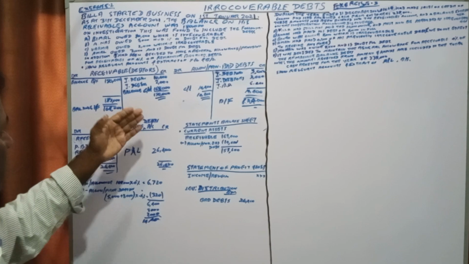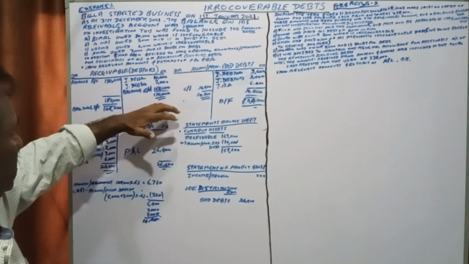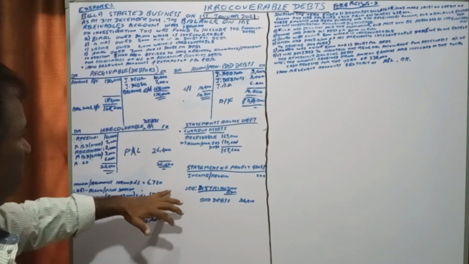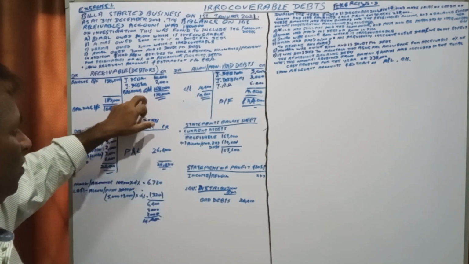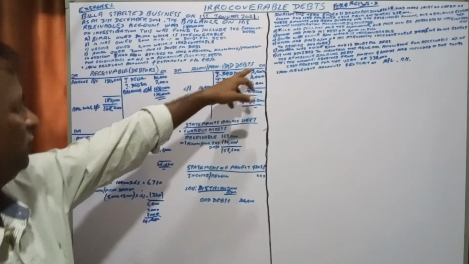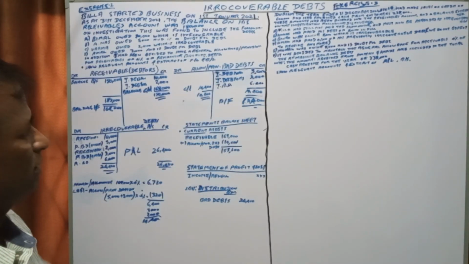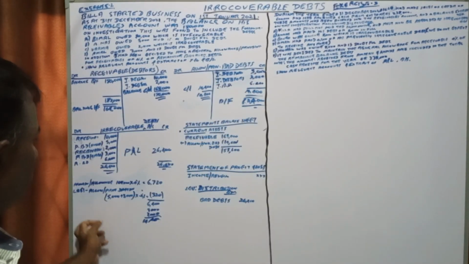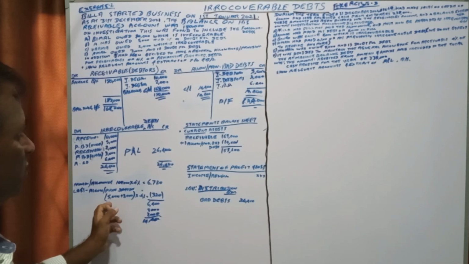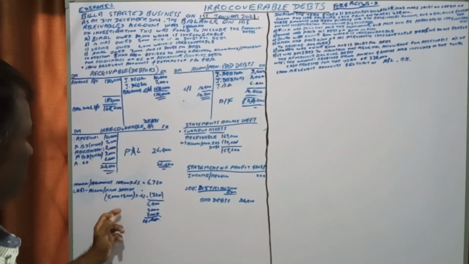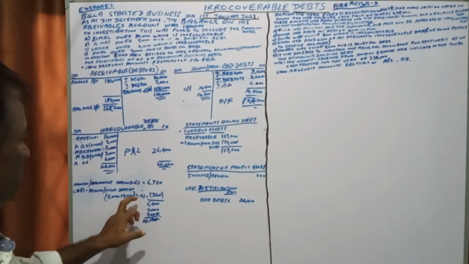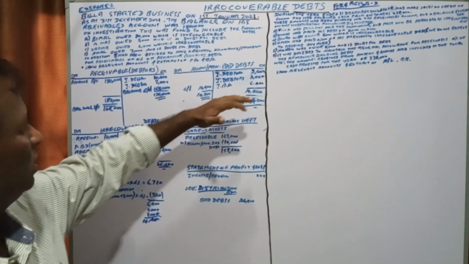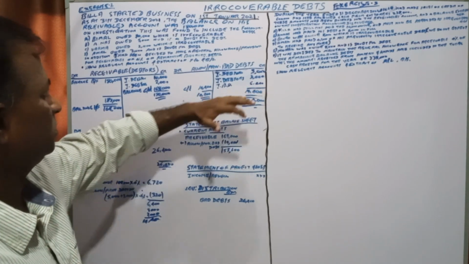We calculated 4% on the general balance, the general provision on the carried down balance. The carried down balance includes the provisions of these two. We are removing those two provisions, 5,000 and 3,000, then taking 4% of the rest. That is the provision for other debtors.